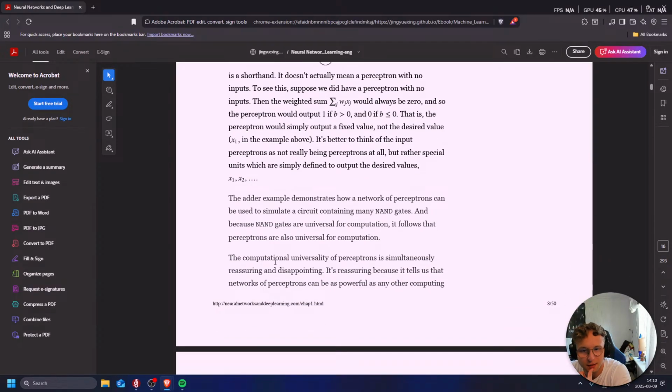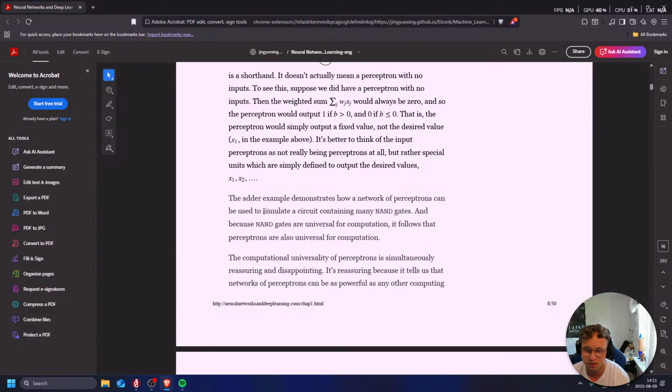The adder example demonstrates how a network of perceptrons can be used to simulate a circuit containing many NAND gates, and because NAND gates are universal for computation, it follows the perceptrons are also universal for computation. The computational universality of the perceptrons is simultaneously reassuring and disappointing.